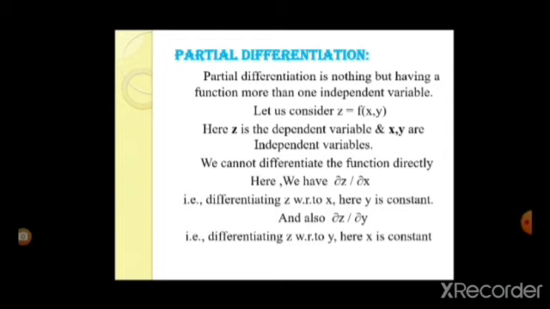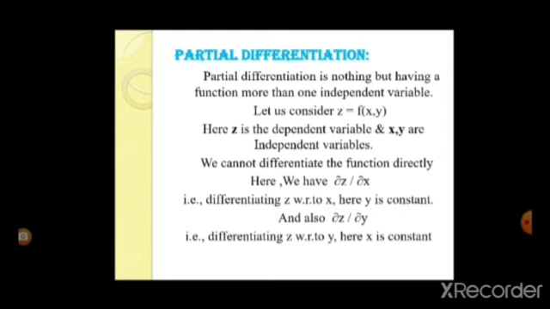In this, z is the dependent variable and x comma y both are independent variables. Why? Because z is the variable which depends on x and y. That means the value of z completely depends on the function f of x comma y. So here z is the dependent variable and x comma y both are independent variables.